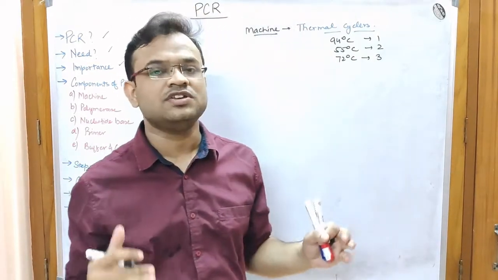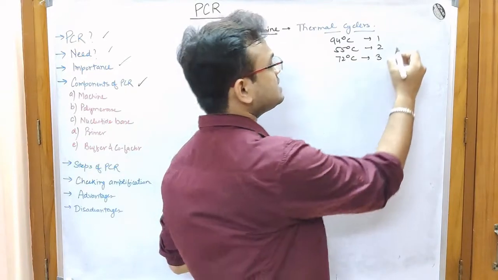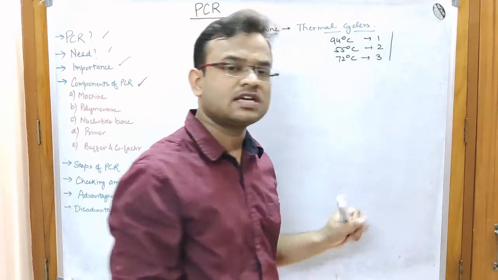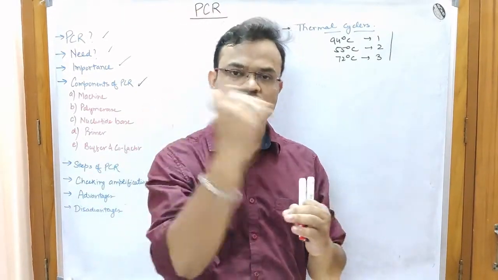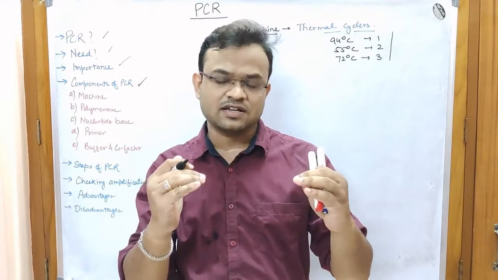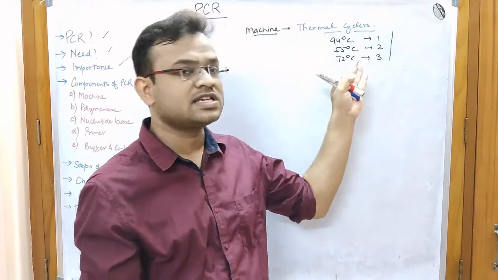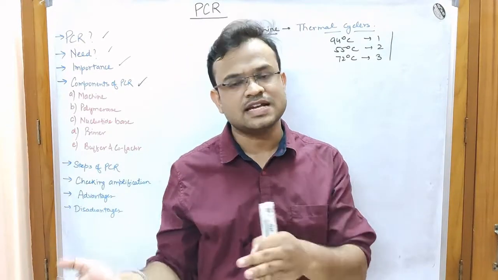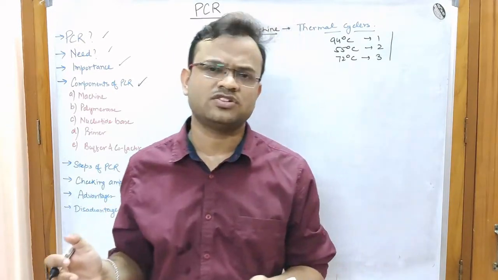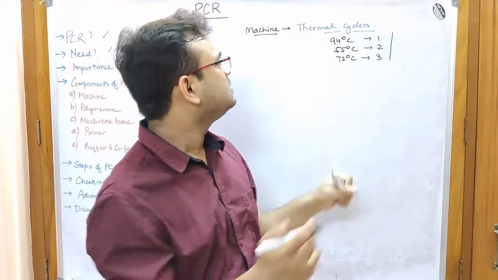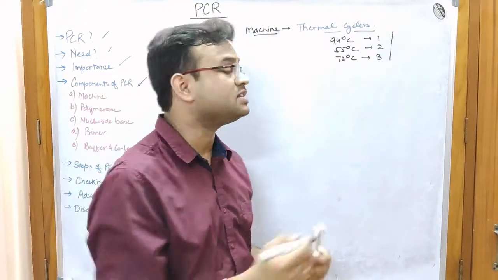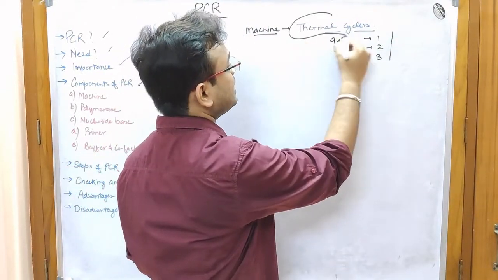The PCR machine ensures that all these temperatures are reached and stabilized for some time, and then for the next process the next temperature is reached and stabilized for a particular duration of time.